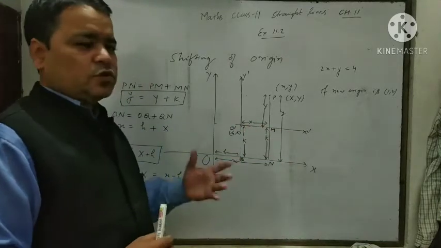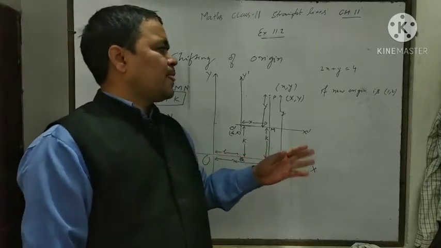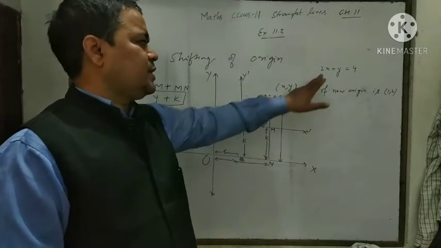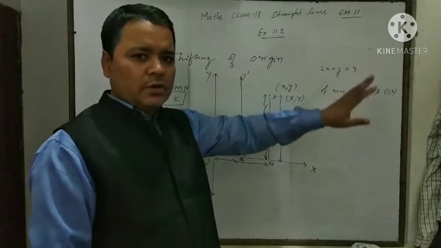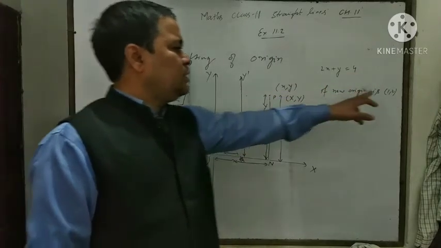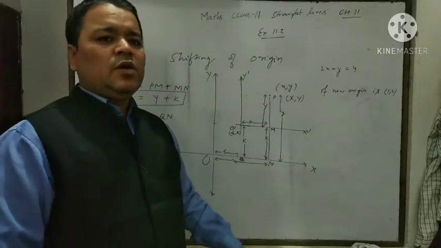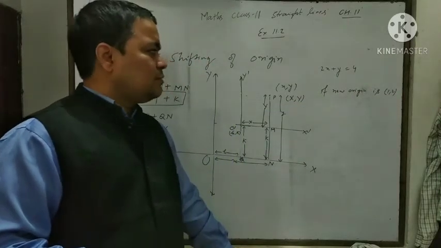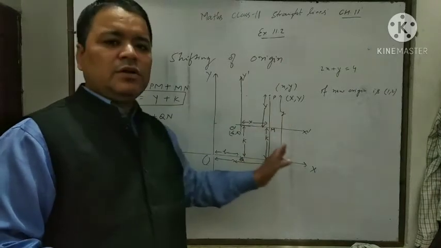What is the question? If the general equation of a straight line is 2x plus y is equal to 4 and the coordinate of the new origin is (1, 2), then we have to find the equation of the line according to the new origin.